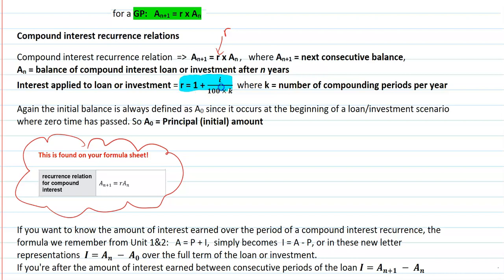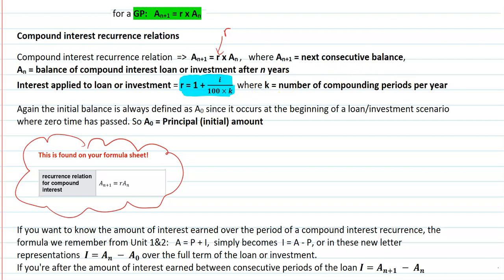So the given formula for that is 1 plus your normal interest rate divided by 100 by K. And you remember that from Unit 1 and 2 where we had to apply the number of compounding periods per year.